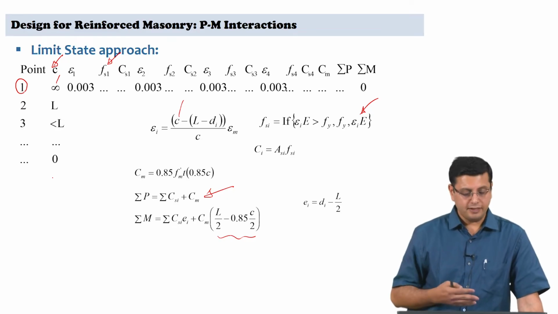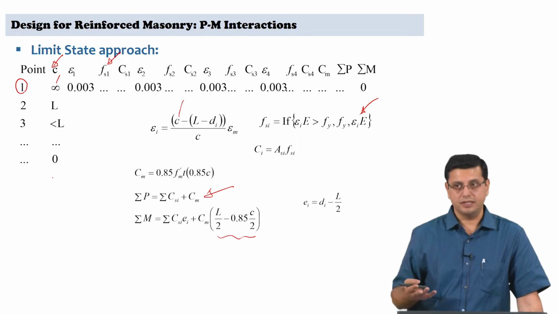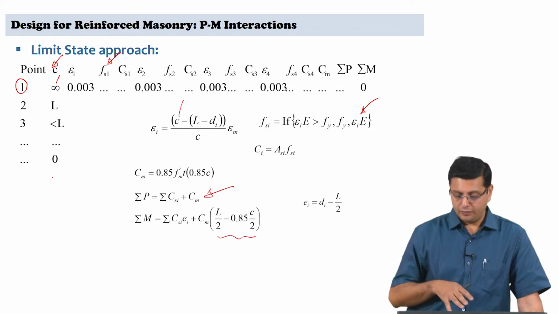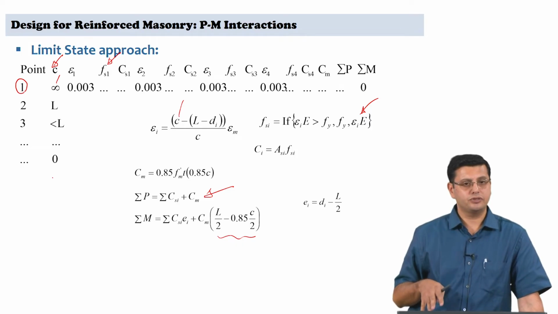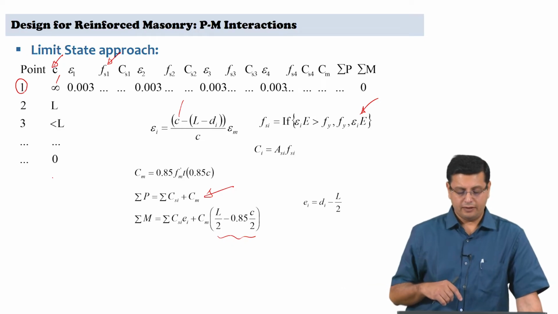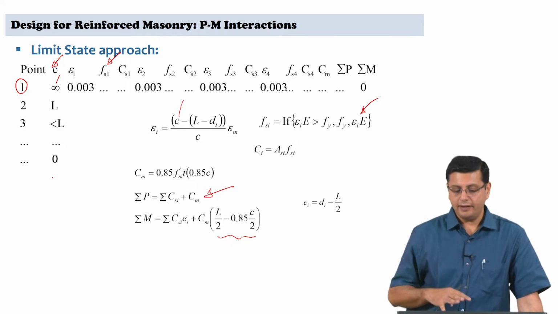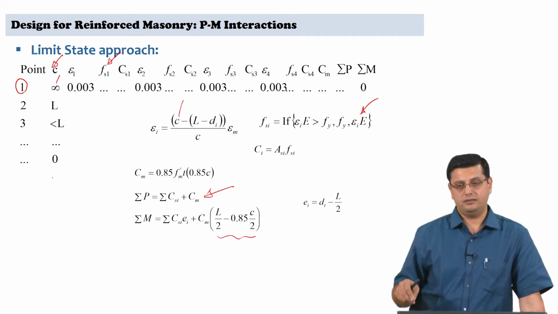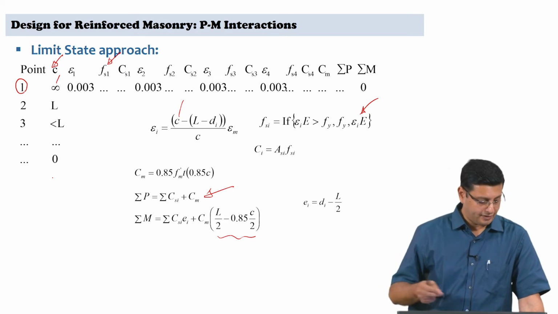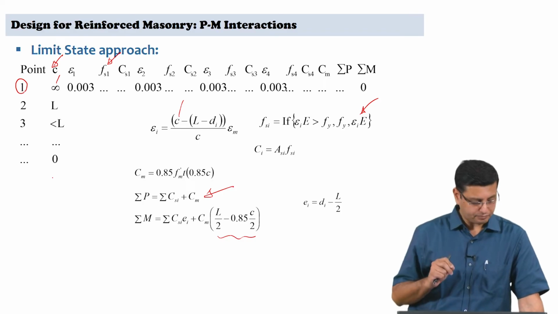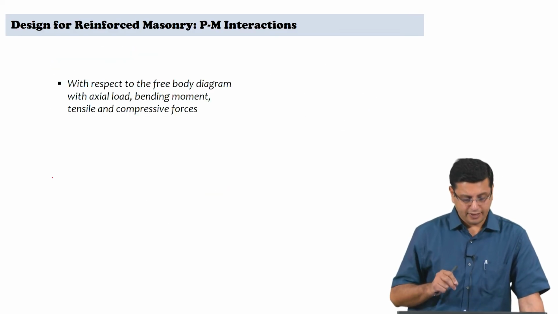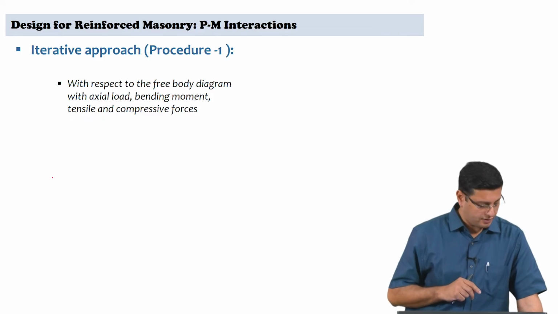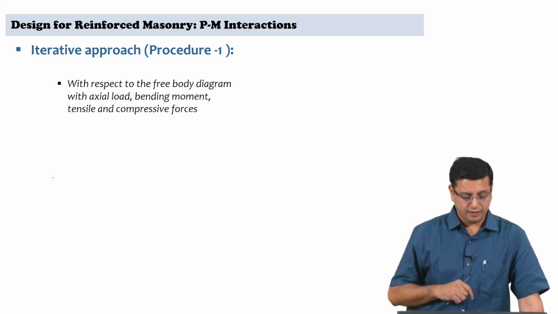So, you could look at using either of these procedures, and as I said, we will look at one of the iterative procedures today and examine the second as well, so that we are familiar with approaches to iteratively estimate the state of stresses in the wall and do the necessary design check.